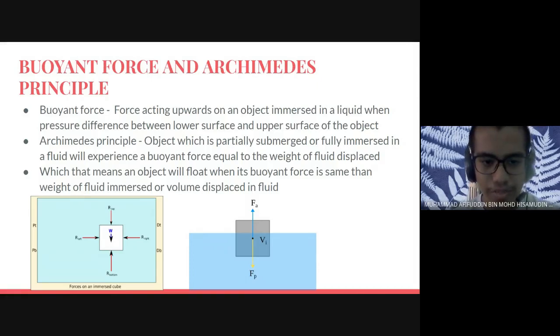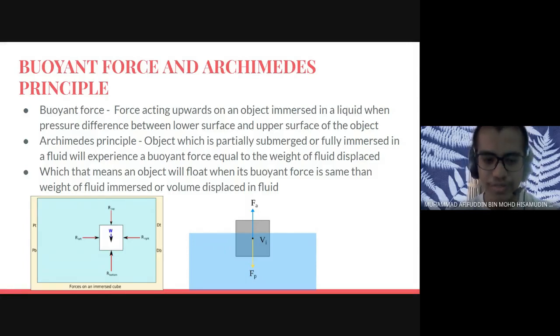And the Archimedes principle is that an object which is partially submerged or fully immersed in a liquid will experience a buoyant force equal to the weight of fluid displaced, which means an object will float when its buoyant force is the same as the weight of the liquid displaced.